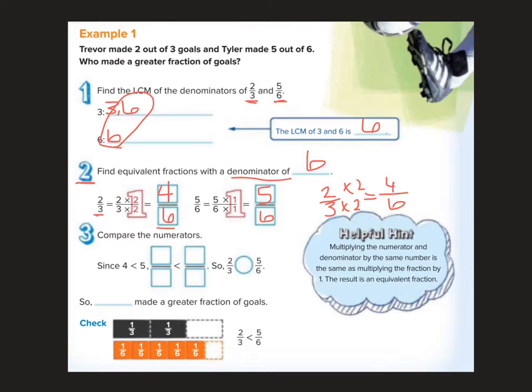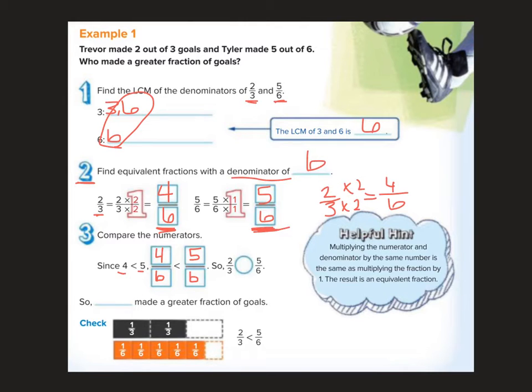So I have 4/6 here and 5/6 here. I know that now they're the same size of a piece. They're both 1/6. Here I have 4 of them, and here I have 5 of them, okay? So since 4 is less than 5, I know that 4/6 is less than 5/6.